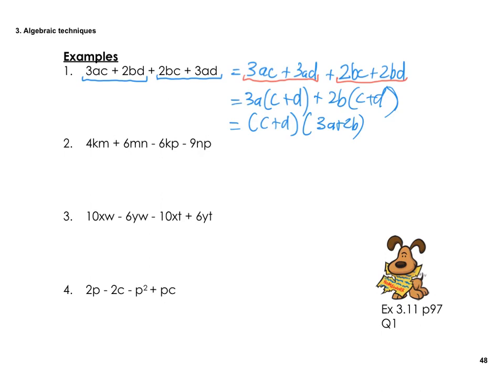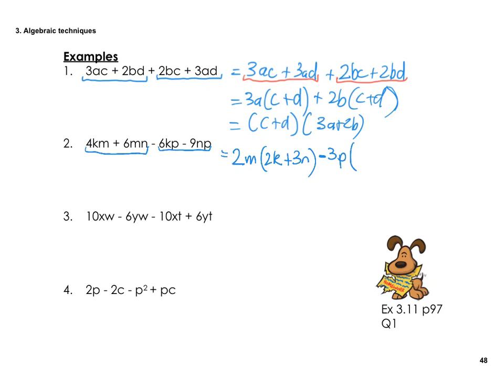Question 2, same deal. Get the pairs together and match them. So 4km plus 6mn, well 4 and 6 would be 2, also an m, so 2m times 2k is what I want, plus 3n. You can double check that by expanding, yep, that's correct. Now next one, we've got a minus 6mp and 9np, so 6 and 9 would be 3, p, because the p's in common as well.